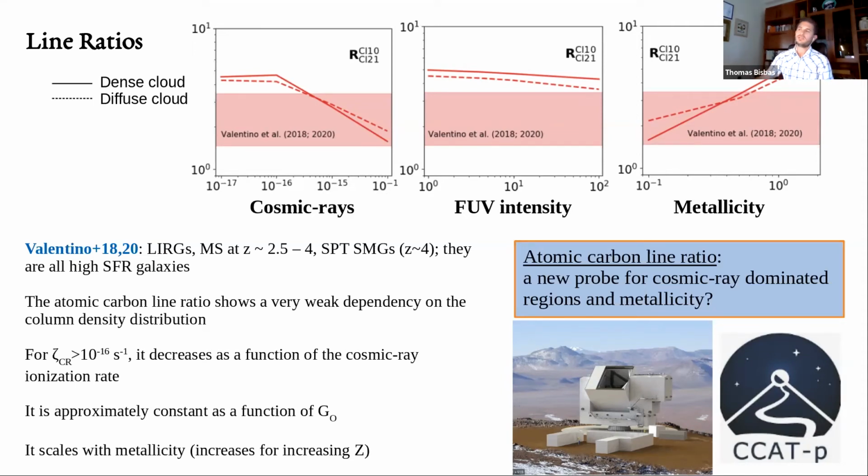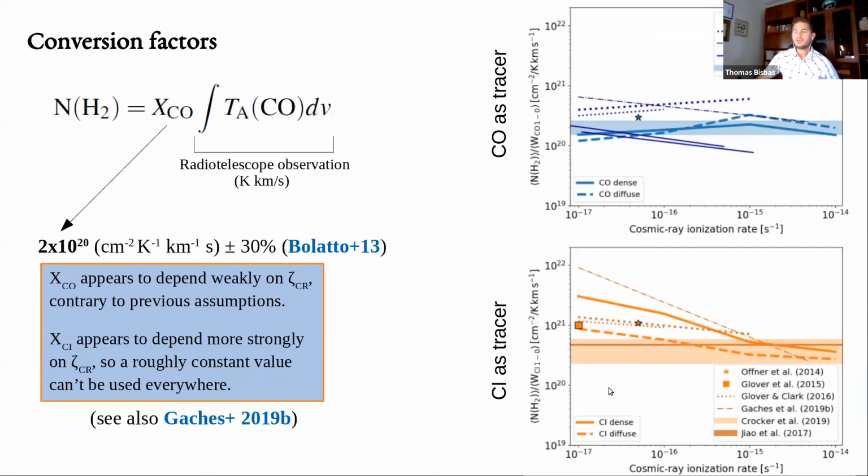And this is actually quite excellent news for the upcoming CCAT Prime telescope, because the CCAT Prime telescope, as you may know, will be dedicated to examining the atomic line emission of the Milky Way and other galaxies. The final thing I would like to point out is actually the conversion factors.